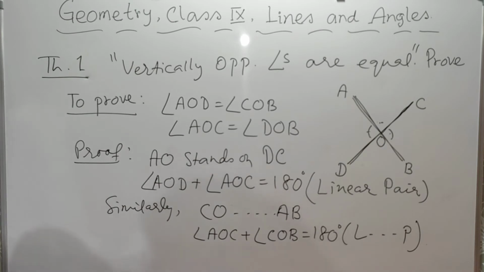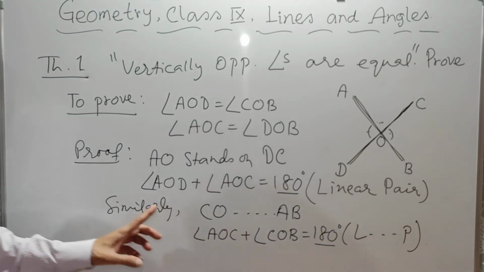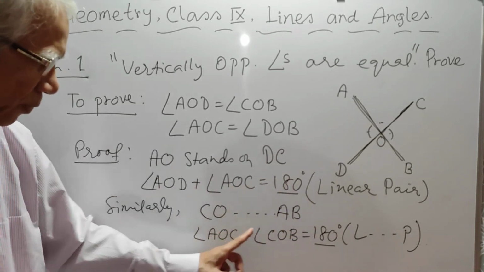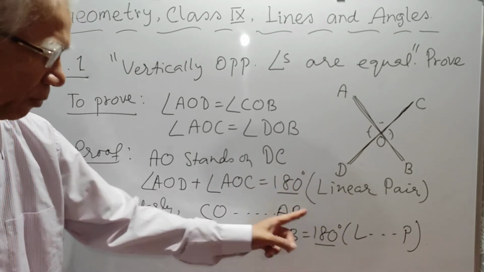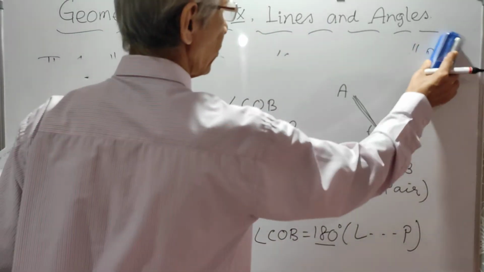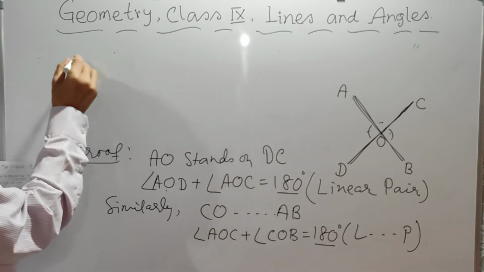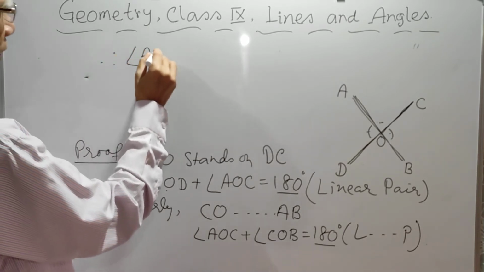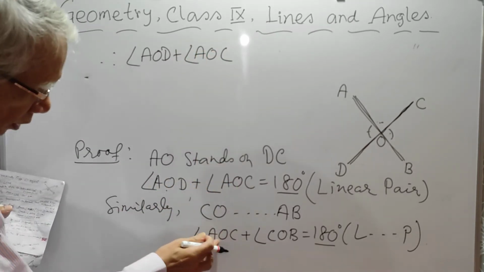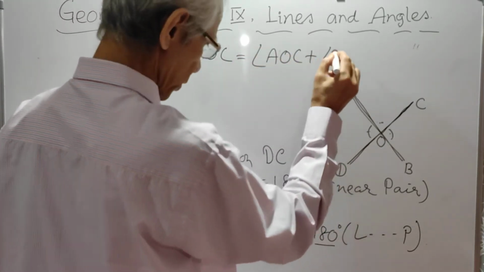Now from these two statements, what can we write? This plus this equals this plus this, because this plus this is 180 degrees, and this plus this is also 180 degrees. Therefore I am writing here: AOD plus AOC equals AOC plus COB.